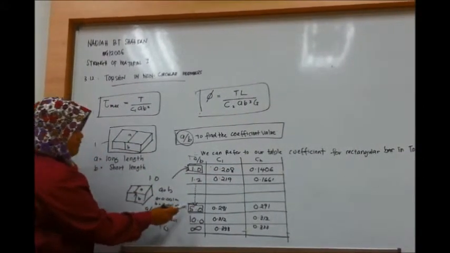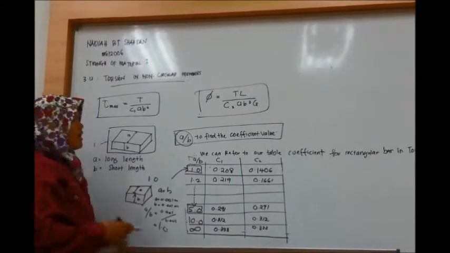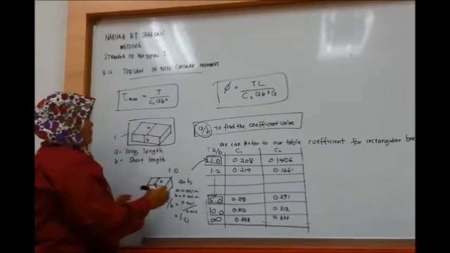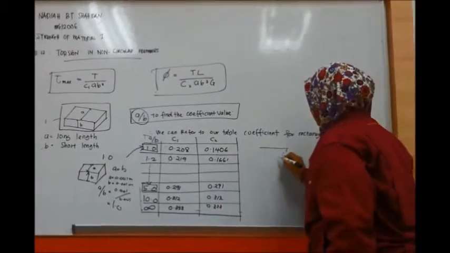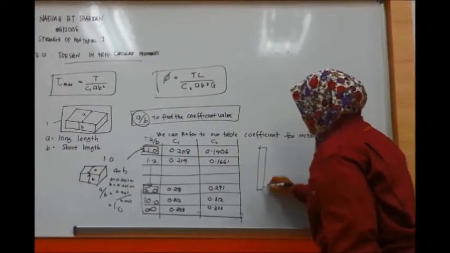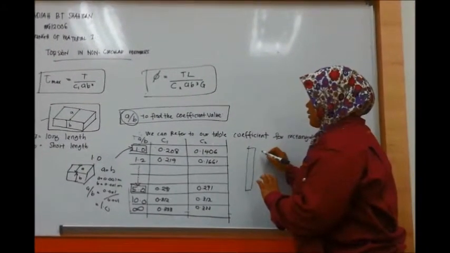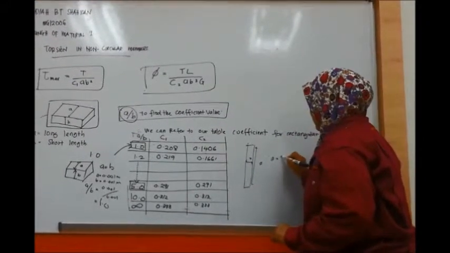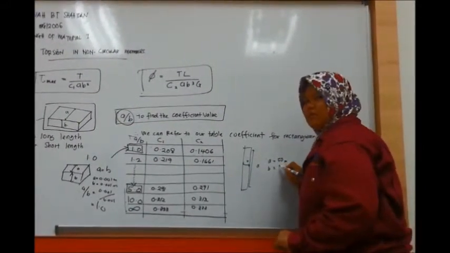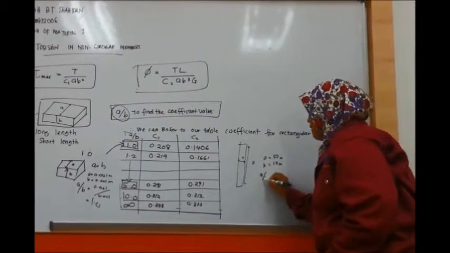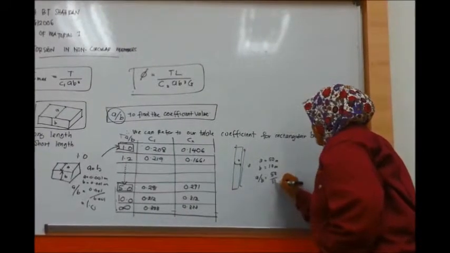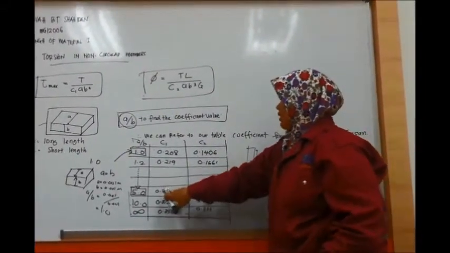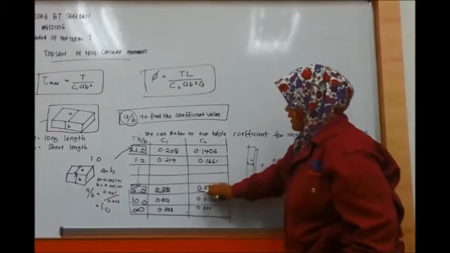As we can see, at 5, 10 until infinity, the values of c1 and c2 are the same, exactly the same.